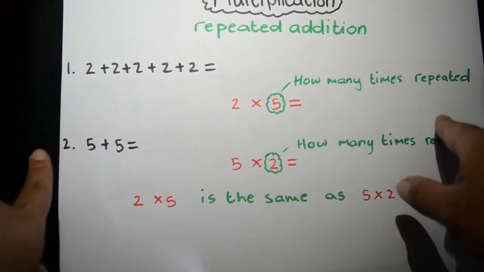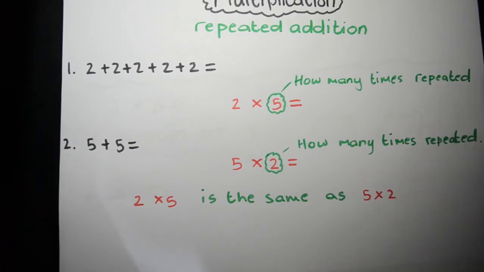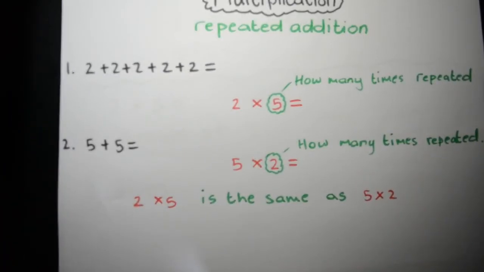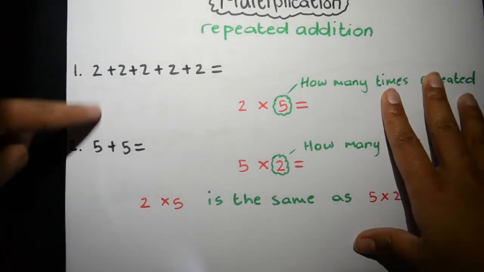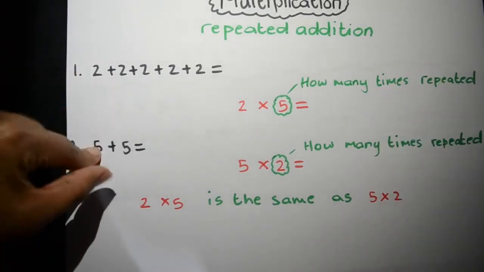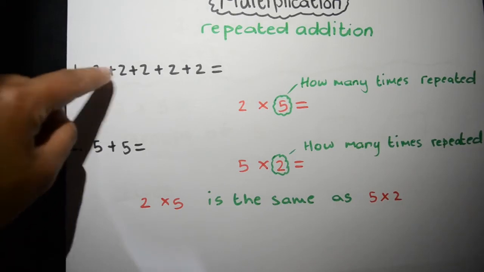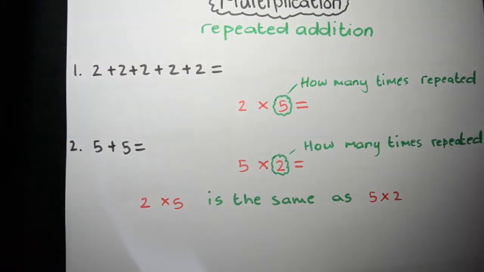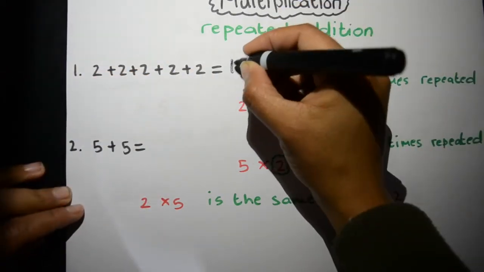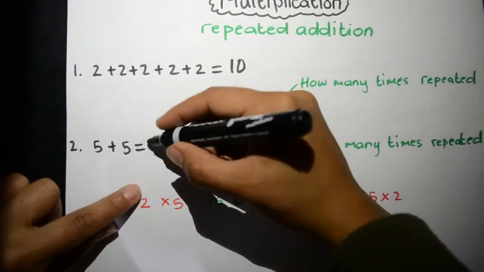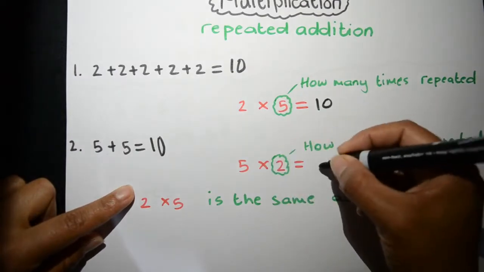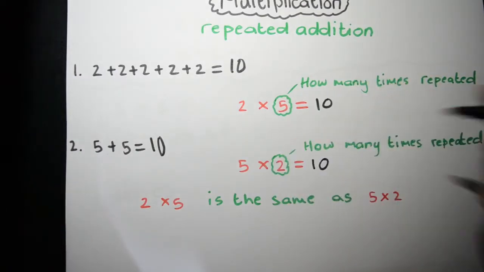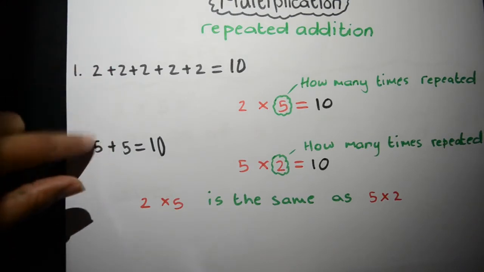It's the same thing, I'm just doing it a little bit differently. As you can see here, I will get to the same answer. So if I say 2, 4, 6, 8, 10, the answer is 10, and 5 plus 5 is 10. Same thing as here, 2 times 5 is 10, 5 times 2 is 10. You get to the same answer, but the way you do it is different.